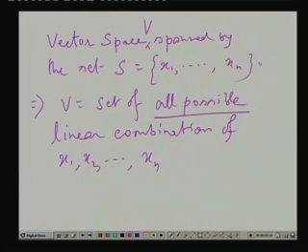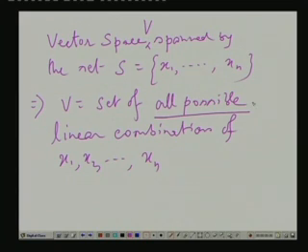Similarly, V is closed under scalar multiplication. That is, if you take any particular vector of V, which is some linear combination of x1 to xn, say C1 x1 plus C2 x2 plus dot dot dot Cn xn, and multiply by any scalar constant k, you get kc1 times x1 plus kc2 times x2 plus dot dot dot plus kcn times xn.